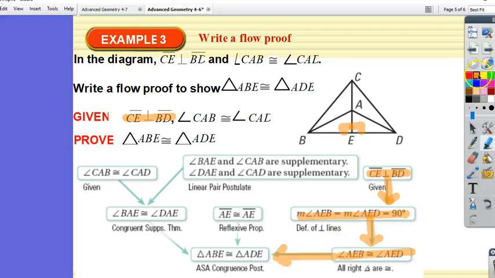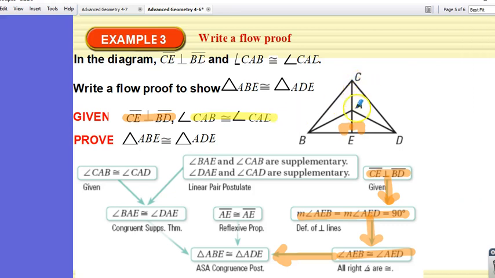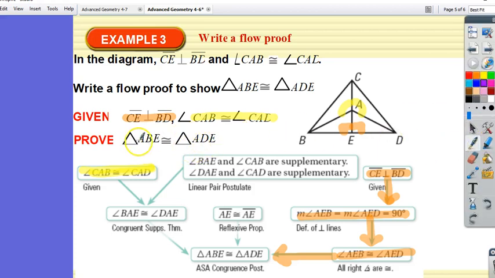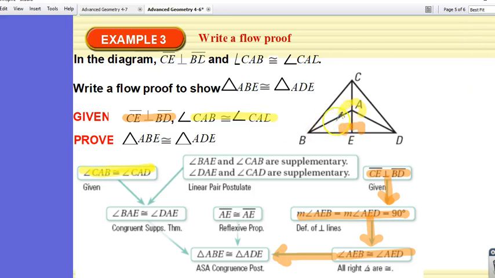So now, let's look at another piece of information. They gave this given. CAB, right here, is congruent to CAD. That's given, right? What are we trying to prove? We're trying to prove ABE, this triangle, is congruent to ADE, this triangle.